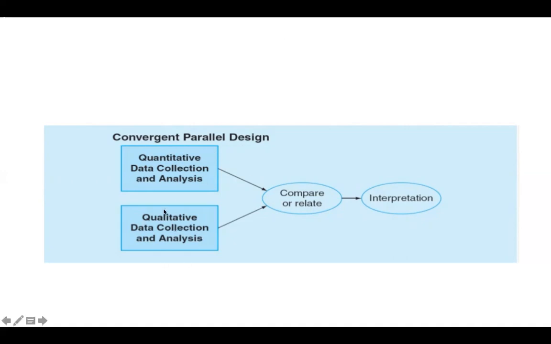And then at the same time, we also conducted key informant interviews with the healthcare providers there and explored what were the challenges in each of these headings, like human resources, medical equipment, or health financing, to deliver the PEN package. And then we compared and related both quantitative and qualitative information together and interpreted them together. So this was a convergent parallel design.